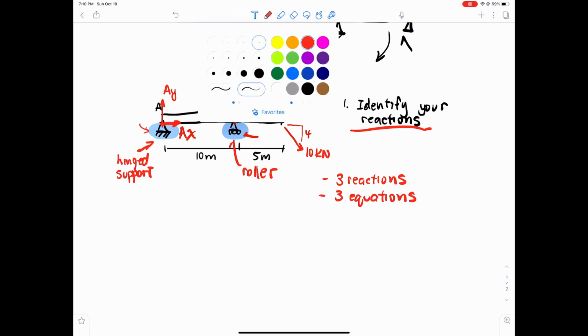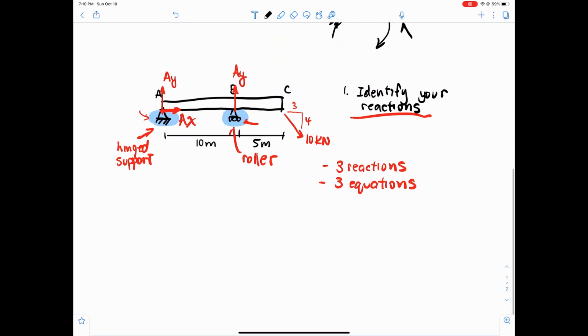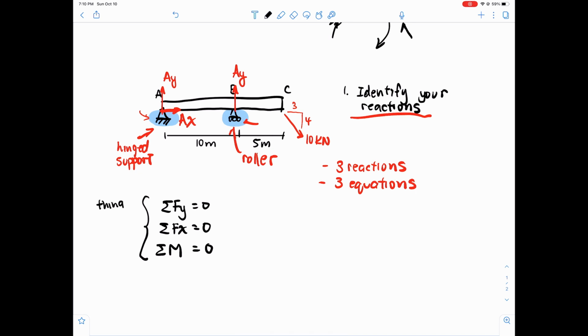So, finally, if we see this problem right here, we have 3 equations. Sum of forces in the y direction equals 0, sum of forces in the x direction equals 0, and sum of moments equals 0. What this basically says is that things cannot fly through space.